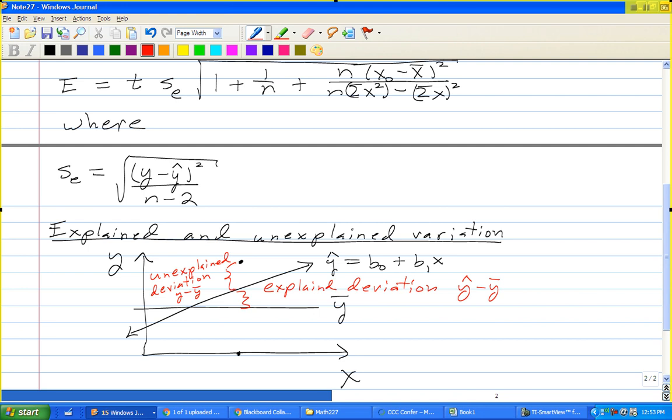And then this whole, well, from here to here, that is the total deviation.